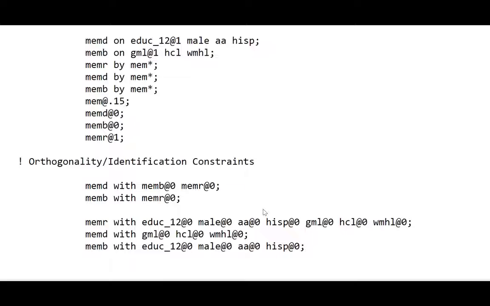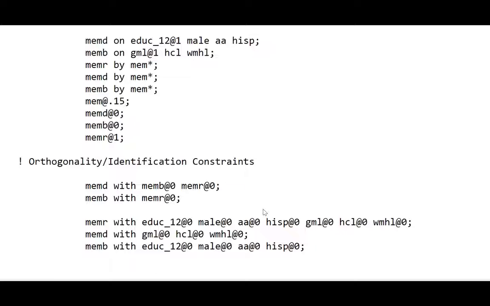But I notice that you have MEMD as a residual on those other variables, and MEMB as a residual on the previous brain latent variables, but MEMR is not specified by anything except by MEM star. And so do I assume that out of this line are going to come those 3 latent variables, MEMD, MEMB, and MEMR?